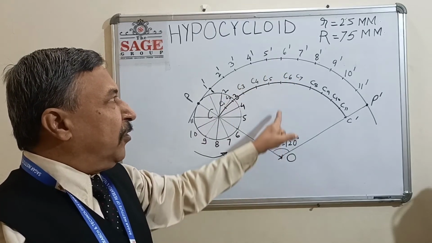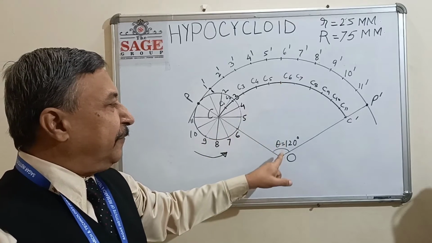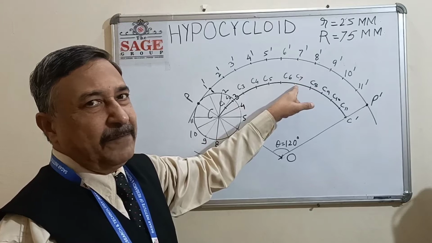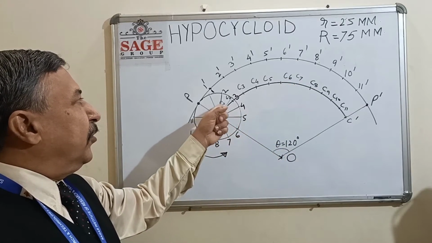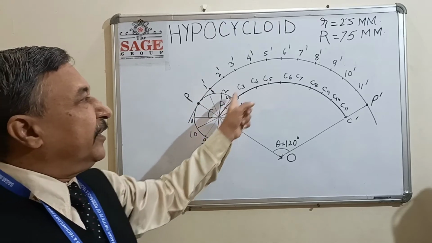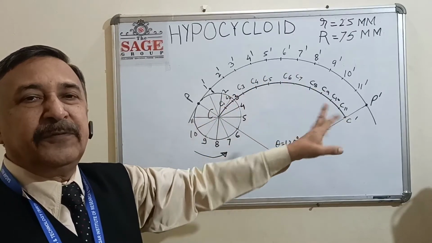If we join O to 6 dash, here we get C6. If we join O to 7 dash, we get C7. Or start from here, if we join O to 1 dash, we get C1 here. So in this way you can easily get C1, C2, C3, C4, C5.